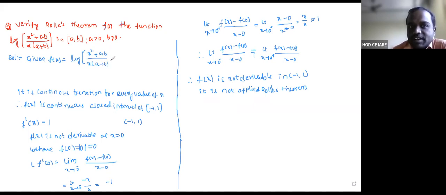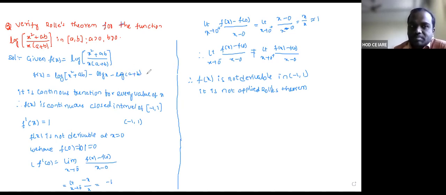So we can write f of x is equal to log of x square plus ab minus log of x into a plus b, and splitting that also, minus log x minus log of a plus b.